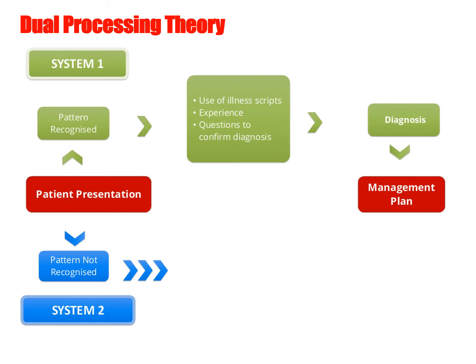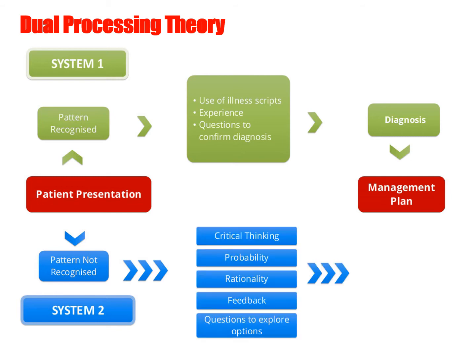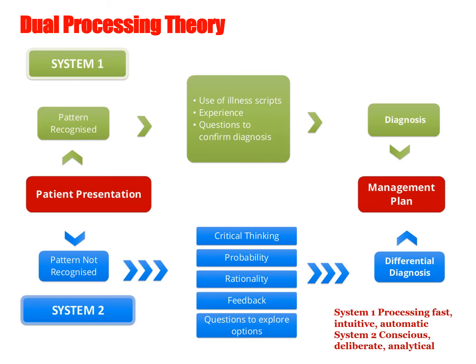This is slower and deliberate and effortful. We have to ask more questions. We have to think about what's more likely. We slow down, and actually we're less likely to make errors here, although we can still make errors here. We're more likely to come up with a differential diagnosis rather than a diagnosis, but can still go on to a management plan.